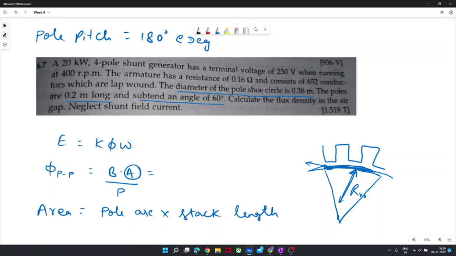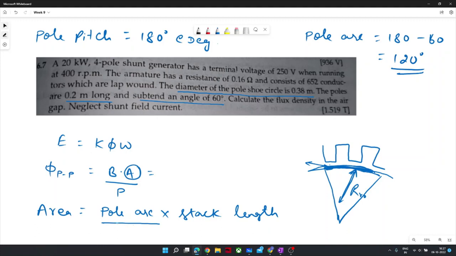So this pole pitch was 180 and pole arc will become 180 minus 60, so that will be 120 degree. So this statement means that you can use 120 degree as the pole arc.